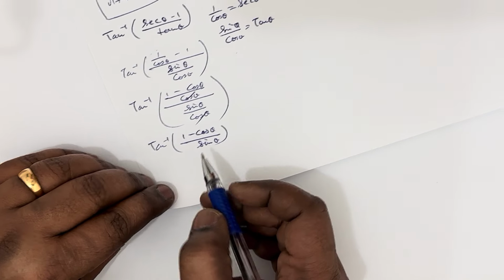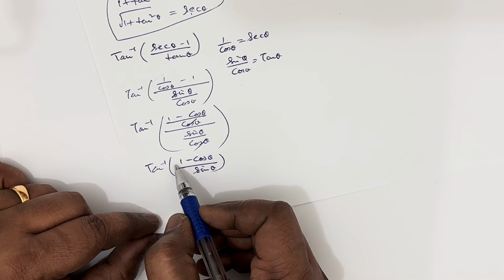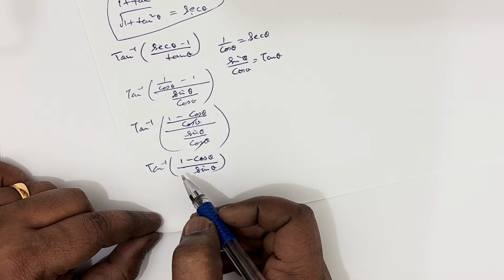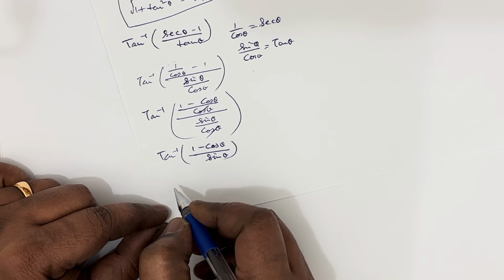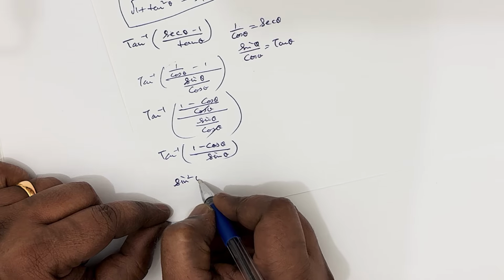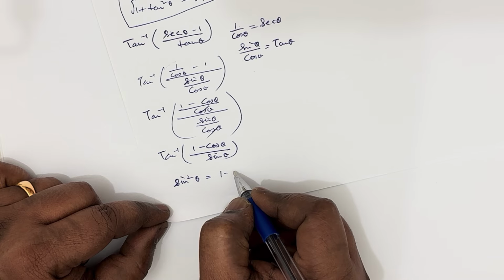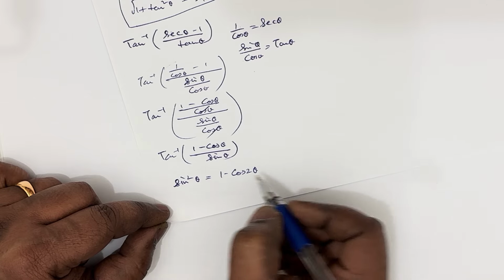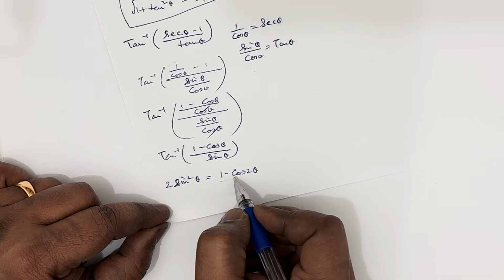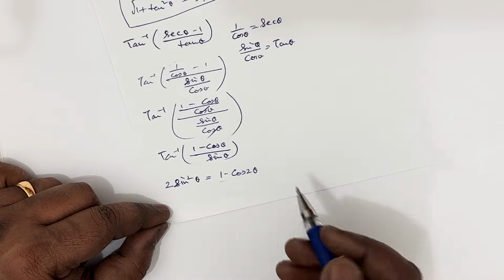Now again, if you look, you can see that 1 minus cos theta resembles a trigonometric formula, that is sine square theta is equal to 1 minus cos 2 theta, the whole divided by 2, or you can write 2 sine square theta is equal to 1 minus cos 2 theta.